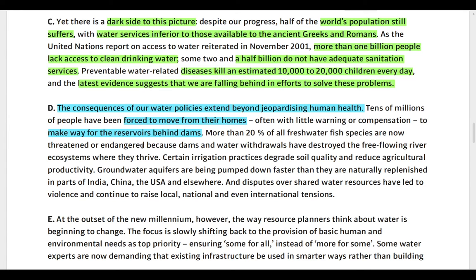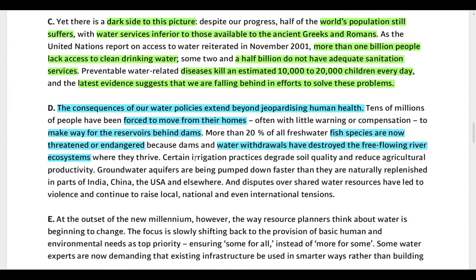So fish species are now threatened or endangered, and the reason is that dams and water withdrawals have destroyed the free-flowing river ecosystems where the animals that live in the water actually swim. It's already giving us the answer.